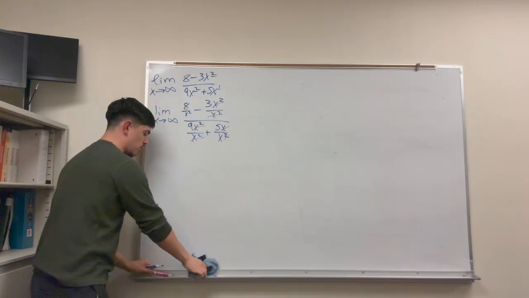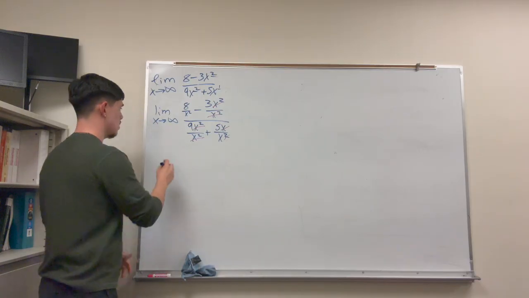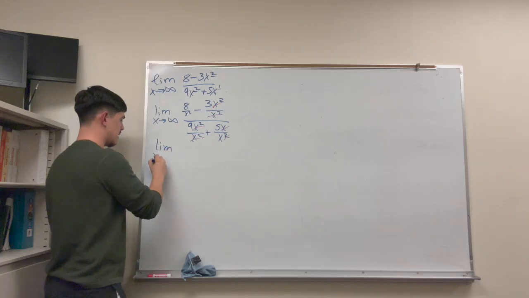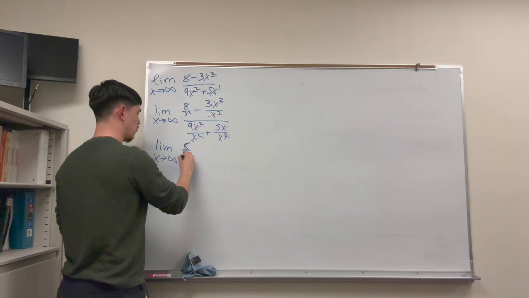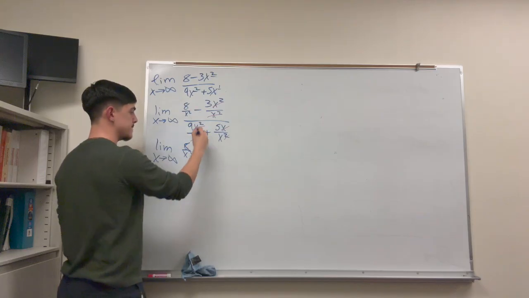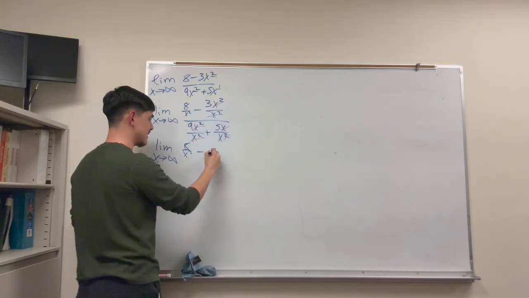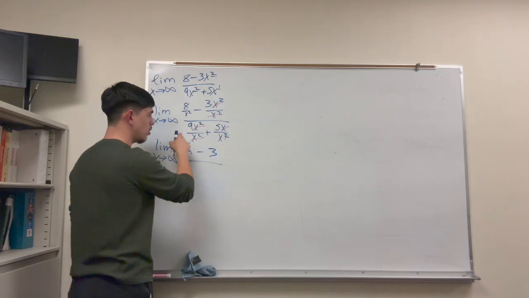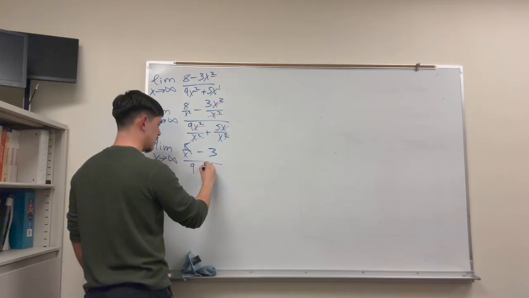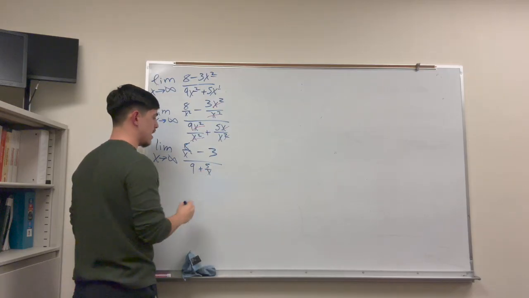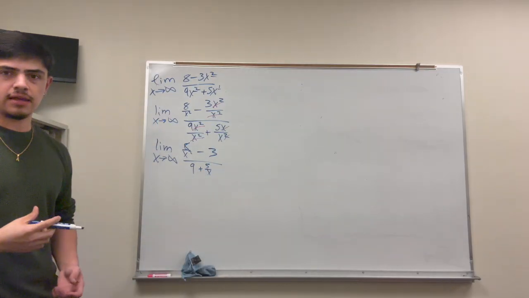So after simplifying this, we're gonna get the limit as x approaches infinity of 8 over x squared minus just 3, because that's all we're left with, over 9 plus 5 over x.